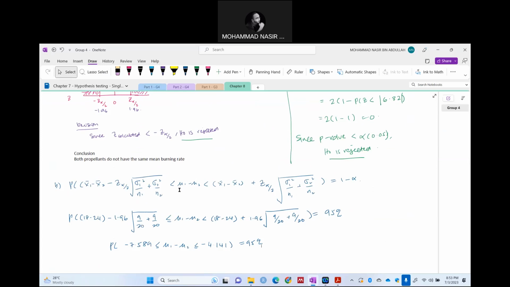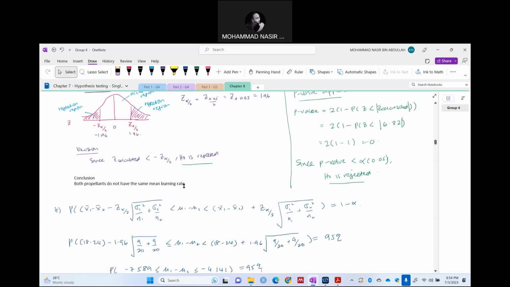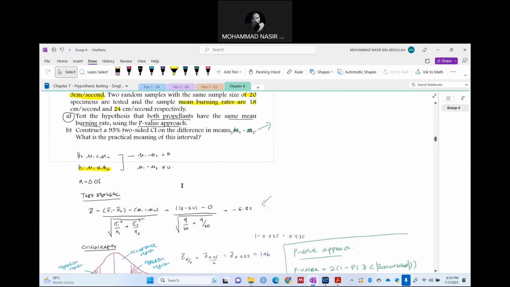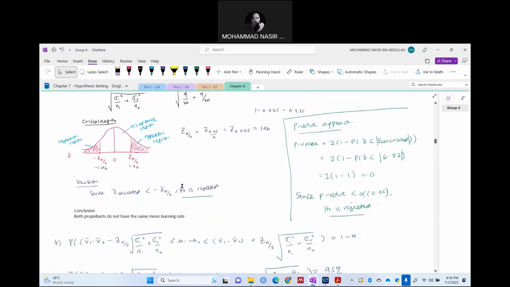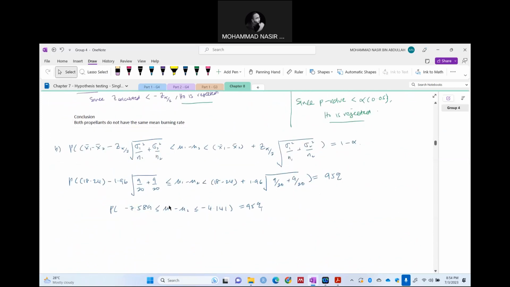Don't know? You should know. Mu1 minus mu2 is equal to 0, right? Since the value of mu1 minus mu2 is not in the interval, the null hypothesis is rejected, right?